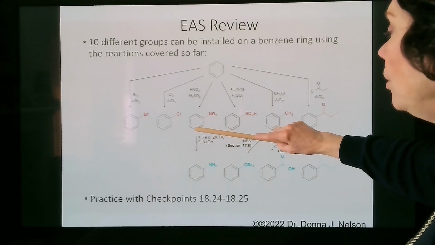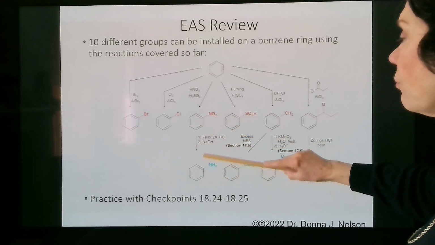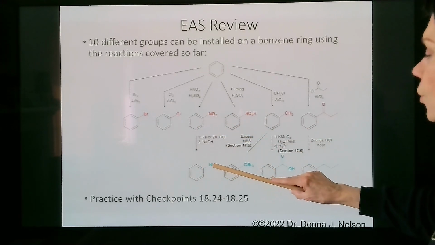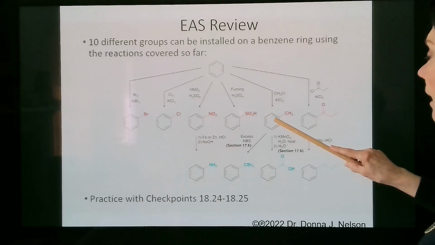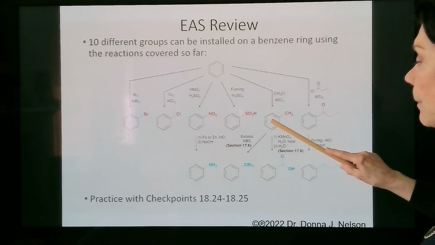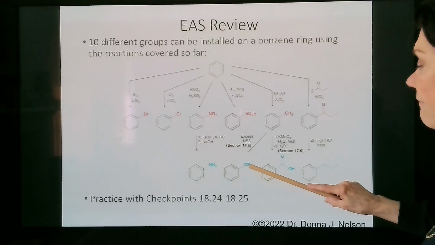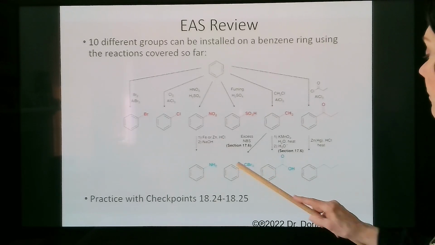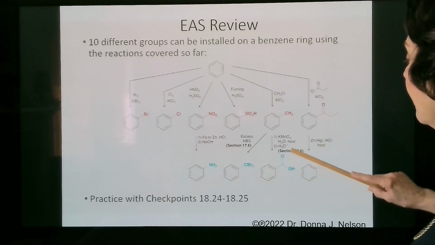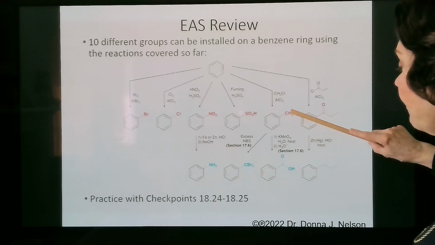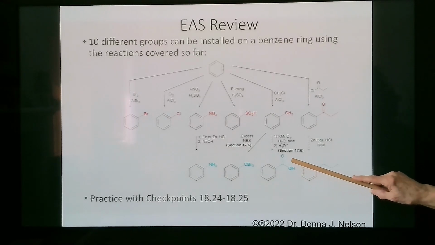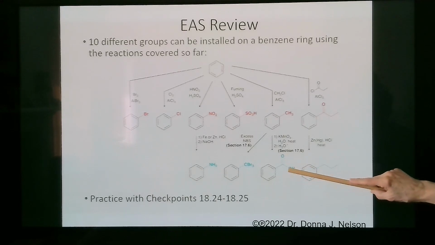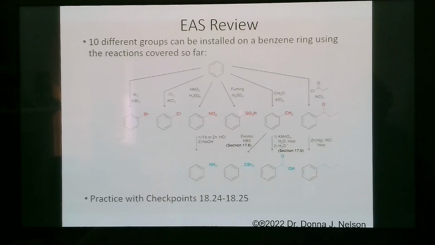And here, using additional reactions, the nitro group can be reduced to an amino group. The alkyl group can be modified to be a tribromoalkyl group. The alkyl group can be reacted with a very strong oxidizing agent to give you the carboxylic acid substituent.